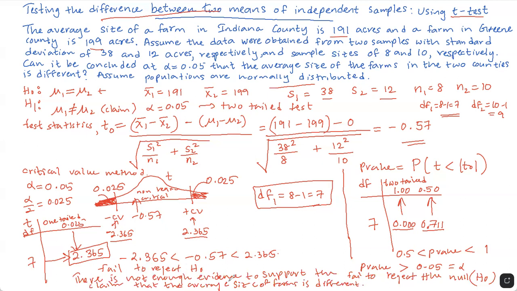So there is not enough evidence to support the claim, because we fail to reject the null hypothesis. That means the average sizes of the two farms are equal in this case, because we don't have enough evidence to support the claim that the average sizes of farms are different.